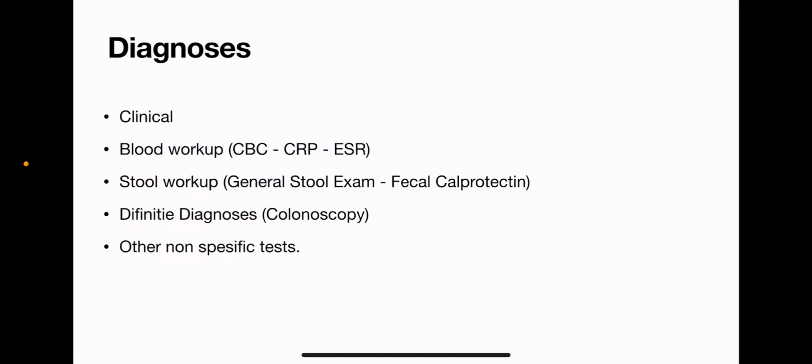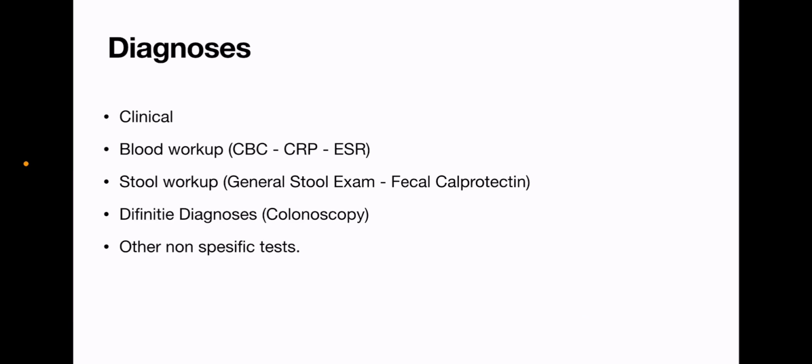Diagnosis. So for the diagnosis, we start with clinical examination of the patient, and blood workup like CBC, CRP, ESR. These are the main blood workups for this disease. And we have stool workup, general stool, and fecal calprotectin.